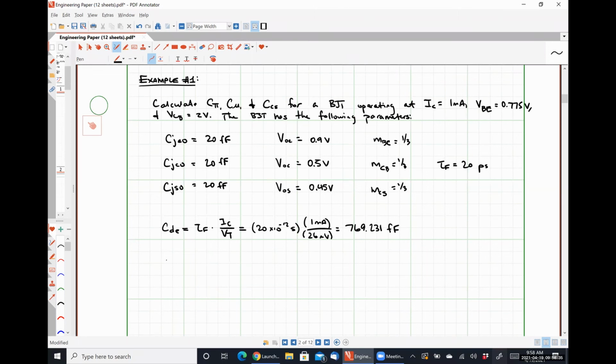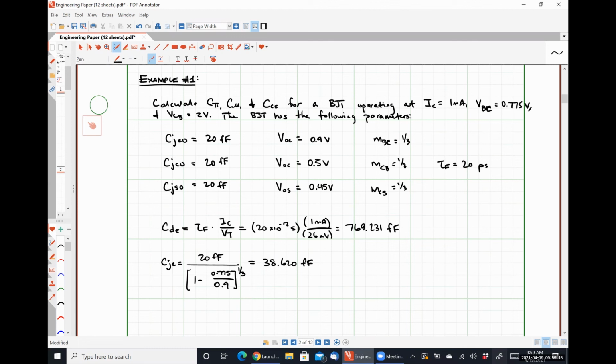Our forward biased base emitter junction capacitance is going to look something like 20 femtofarads divided by 1 minus 0.775 over 0.9 to the 1/3 power, because of our grading coefficient, which is going to give us 38.620 femtofarads.